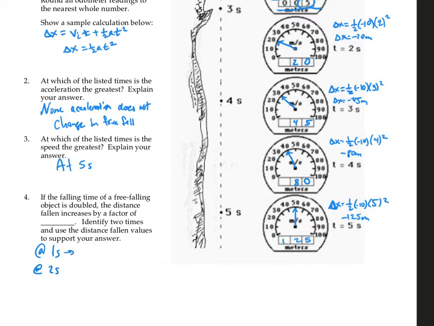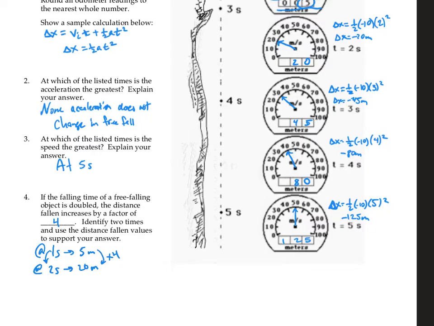At 1 second, the distance fallen was 5 meters. At 2 seconds, it was 20 meters. So by what factor did the distance increase? What do I multiply by 5 to get 20? So when the time doubled, the distance increased by a factor of 4. So it was actually 4 times the amount of distance.